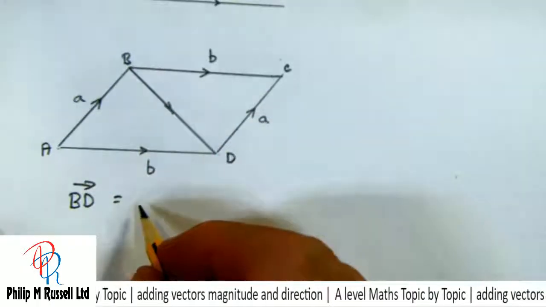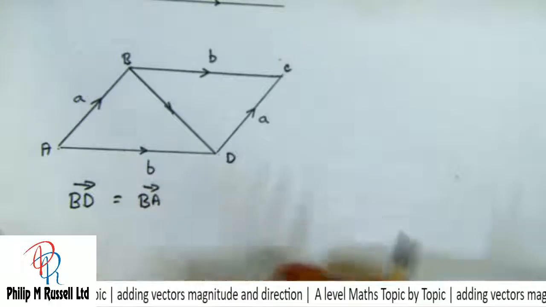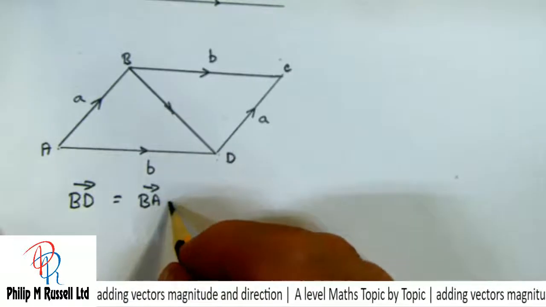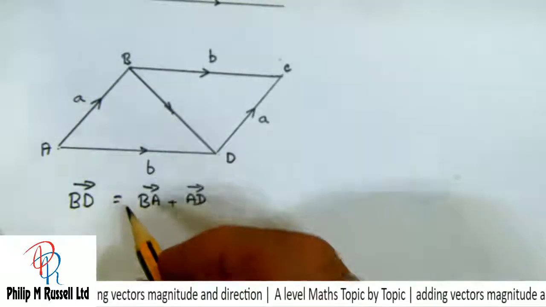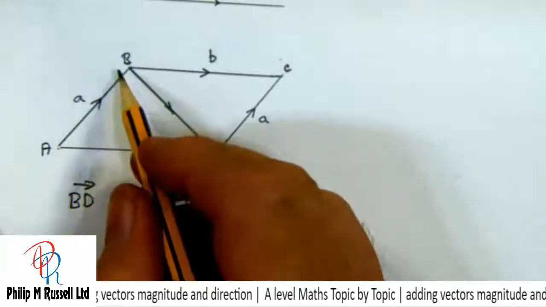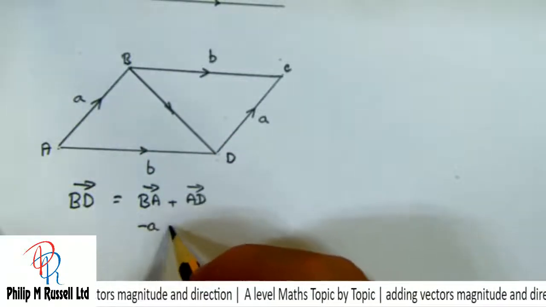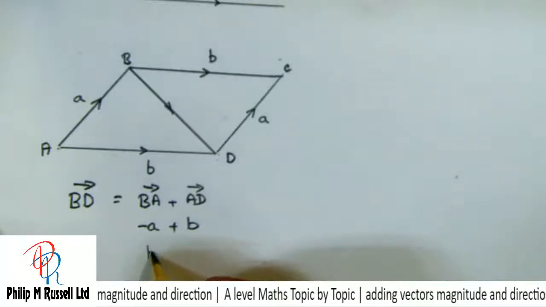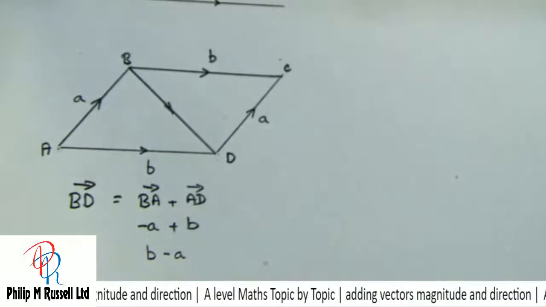It is B to A plus A to D. And that I could write as negative A plus B. And I wouldn't like that. That would be much better written as vector B minus A.